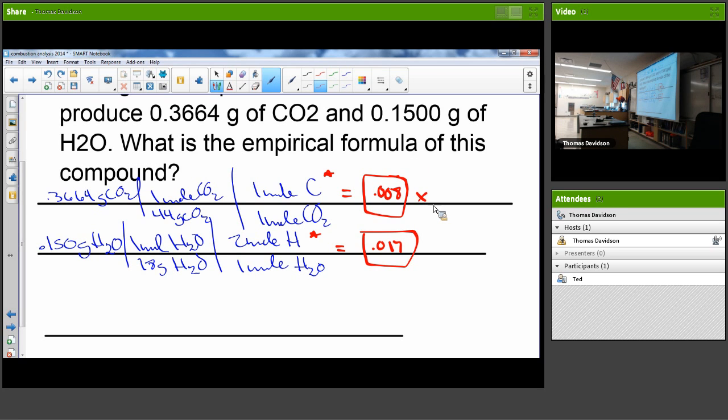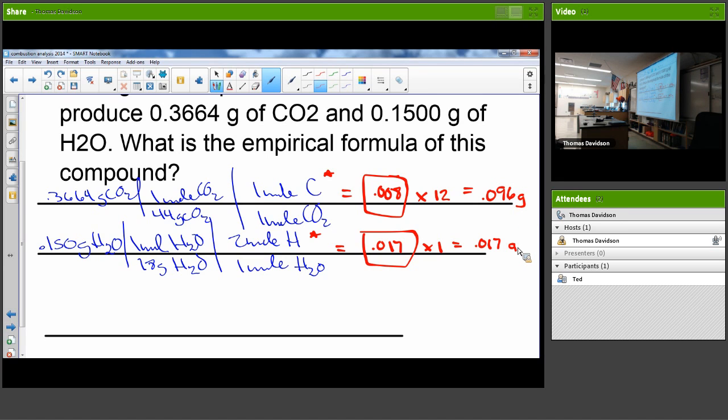We're now going to multiply these by the mass of them. So what's the mass of carbon? 12. What's the mass of H? What's 8 times 12? That's 96. So 0.096, right? All right, now, these are grams.